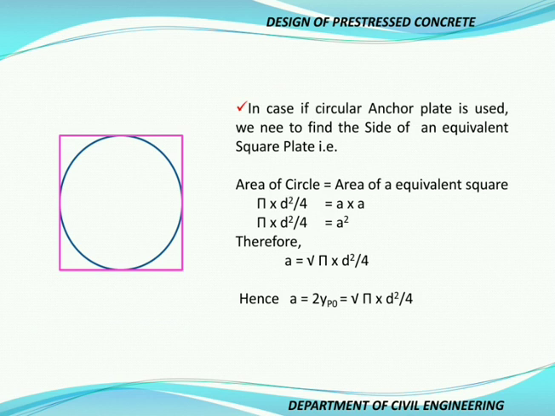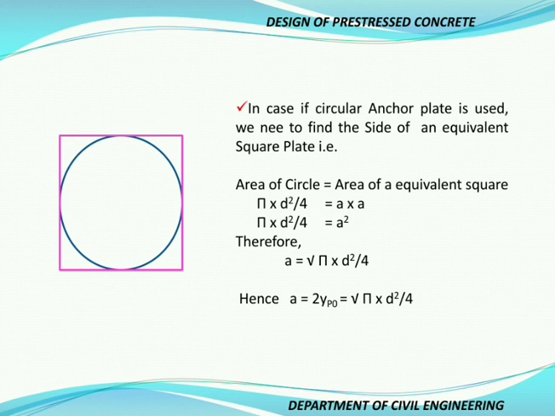Many times we get such problems in the exam where the diameter of the bearing plate or anchor plate is given, and for analysis we have to assume it to be a square, convert the area of the circular plate into an equivalent square area and get the side of the square.